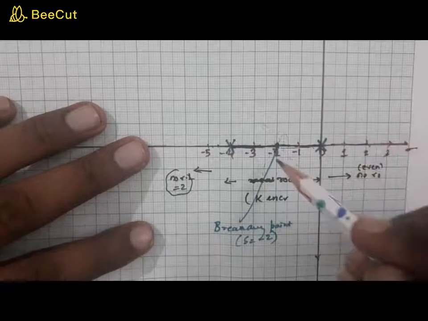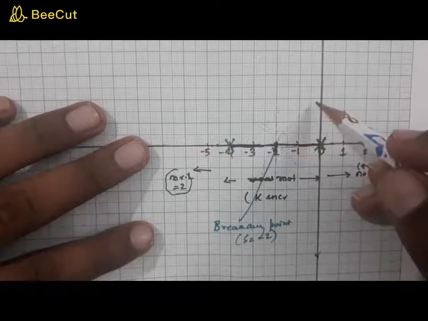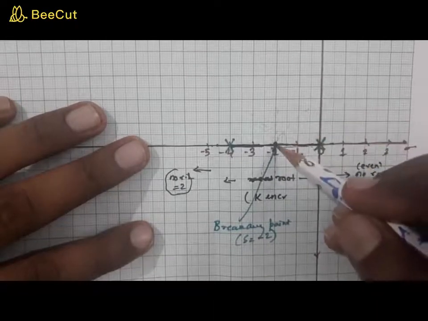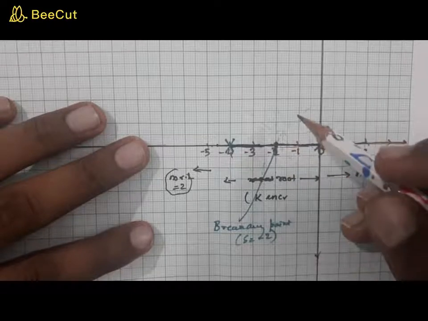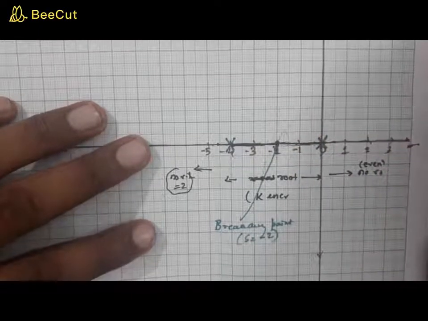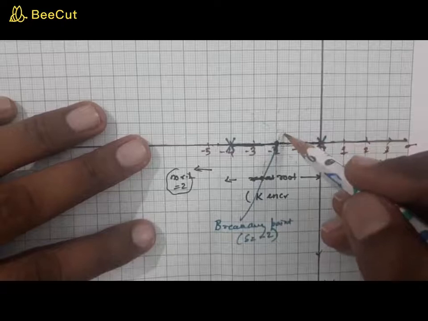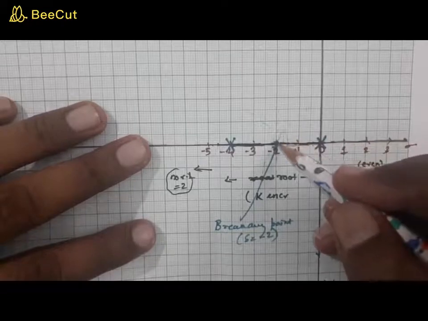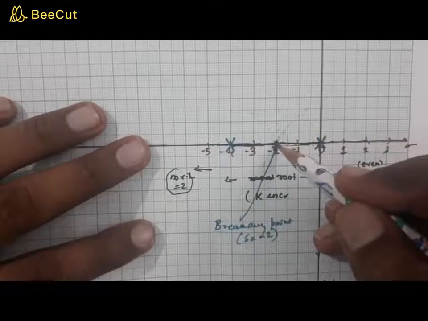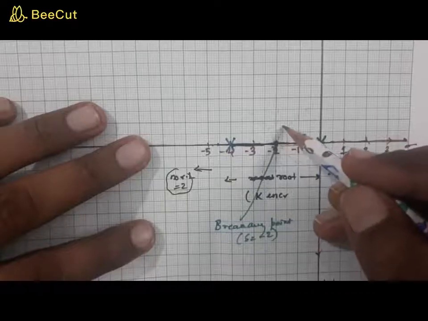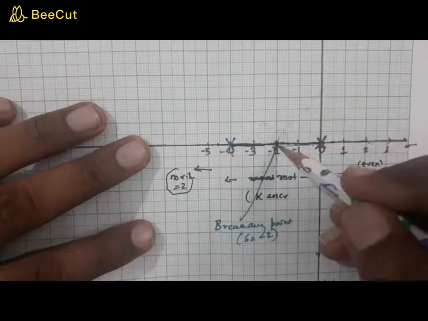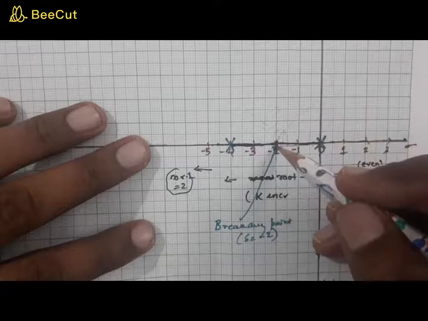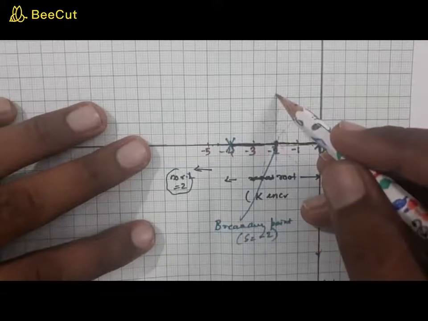So we need to find out that asymptote. Asymptote is simply a straight line. Before that, you need to find out the angle of the asymptote, to know how to draw this straight line. If the straight line is drawn in this way, the root locus will also go in this way. If the asymptote is in this direction, the root locus will move in this way.